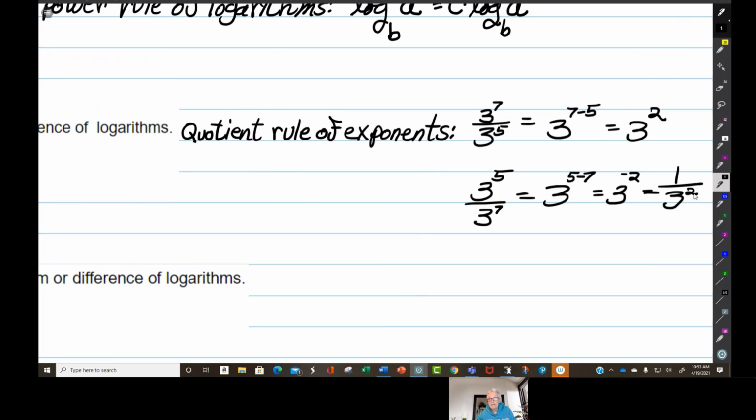Well, we could even go beyond that and say, I know 3 to the second power is 9. And since 3 to the second power is 9, this is going to be 1/9. That's the quotient rule of exponents.